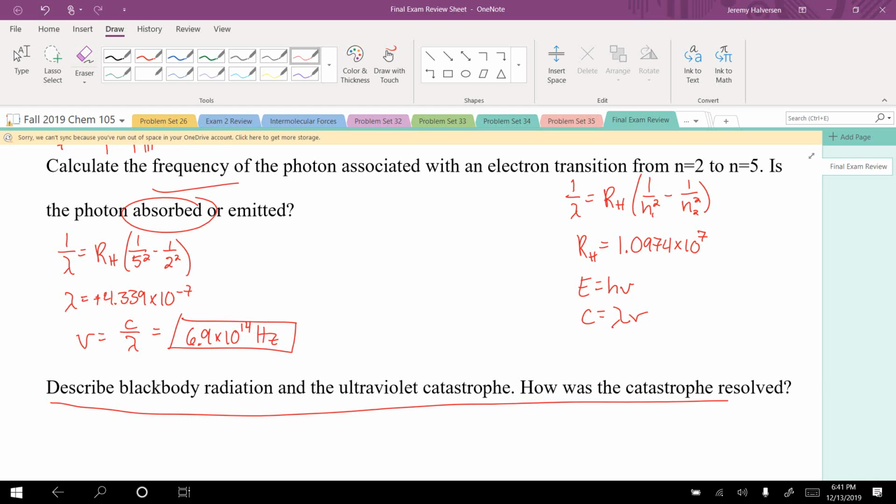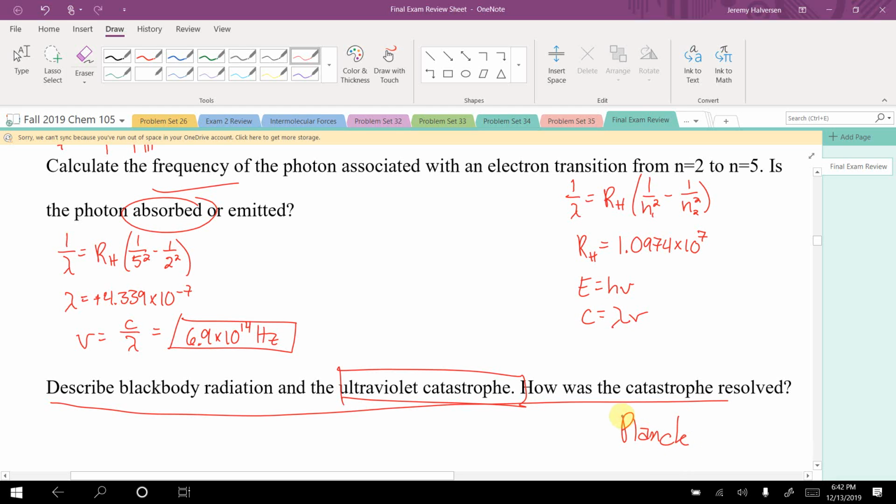Okay, so classical physics said that if I keep putting energy into this blackbody, it should keep emitting at higher and higher frequencies, but it doesn't. It stops at ultraviolet. What do we call that? Ultraviolet catastrophe. How did they solve it? Who solved it? Planck.